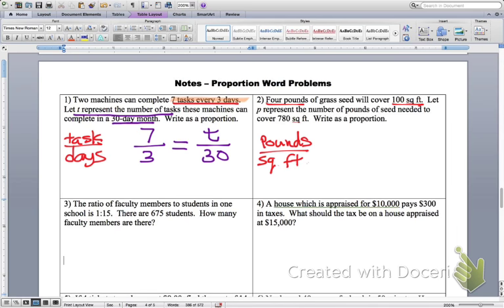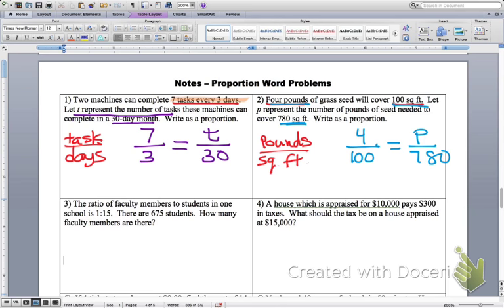So when we set up our ratio, we're going to look at 4 pounds and 100 feet. So we're going to have 4 over 100. And now we want to figure out the value of P, which represents the number of pounds. So P goes on top. And how many pounds of seed do we need in order to cover 780 square feet?